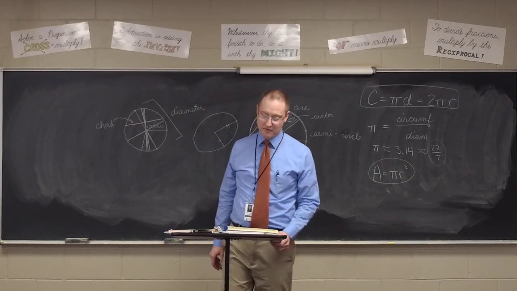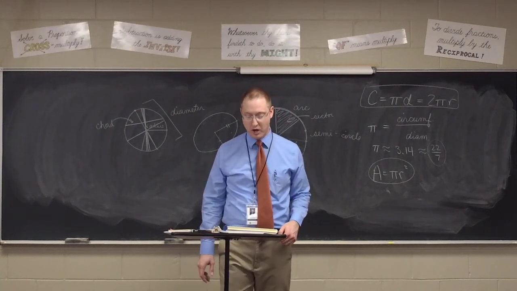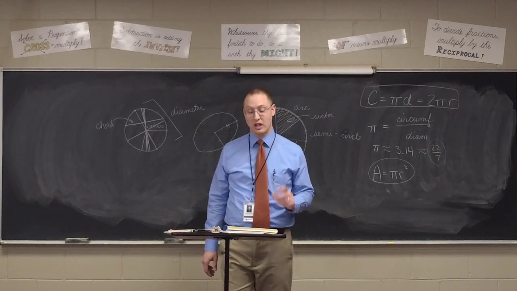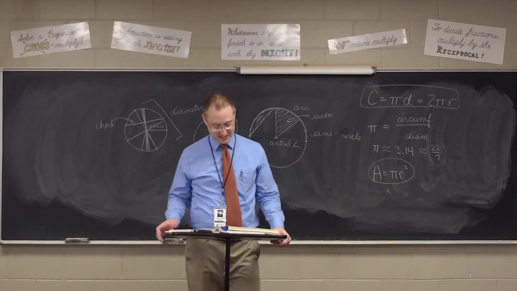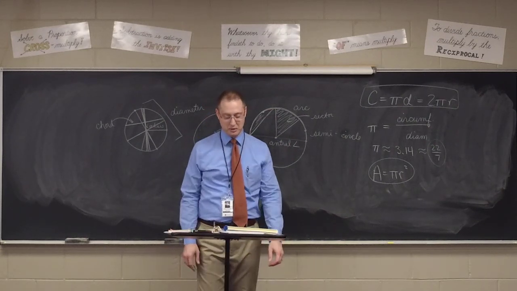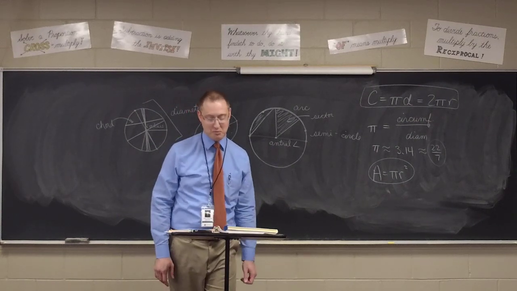Do numbers 10 through 15, finding the circumference. They want you to use 3.14, not 22/7, which on one of these is a real bummer. Find the circumference of each circle using 3.14 for pi. I know, number 12, you're like, but it would be so much easier.